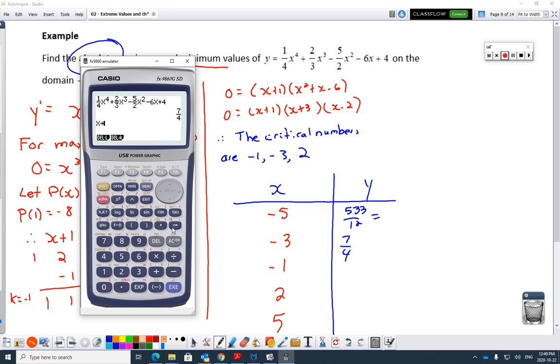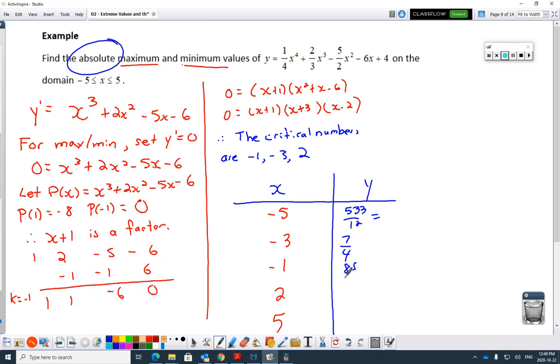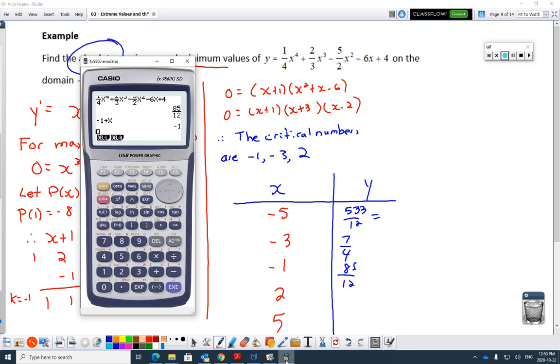-1 in for x. Enter. Now run the equation. 85/12. There's also another way to do this. I don't know if it's better than Emmett's way or not, but my old brain is starting to remember that there's another way to make this all happen. Up here. Delete the line? Yes. Get that out of the way.